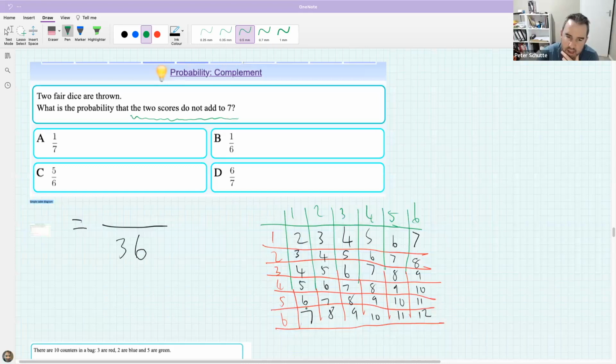Well, how many of them add to 7? Well, this adds to 7, 1, 2, 3, 4, 5, 6. So those ones add to 7, but all of the other ones, they don't seem to add to 7. So how many options do not add up to 7?